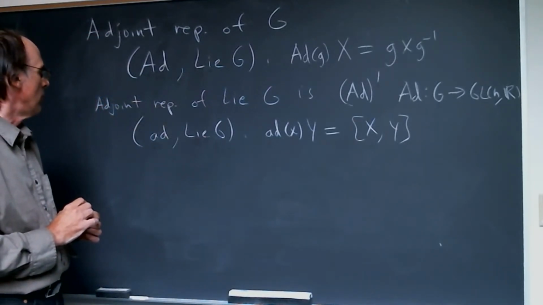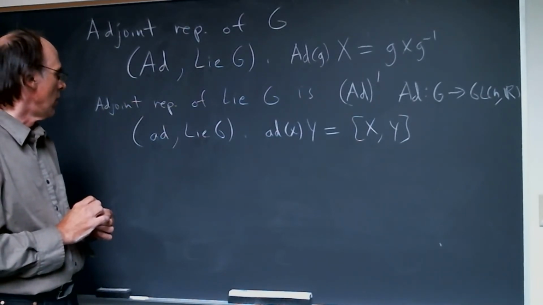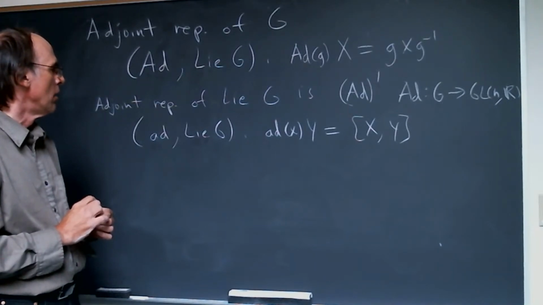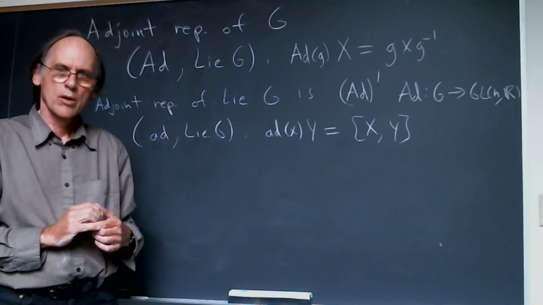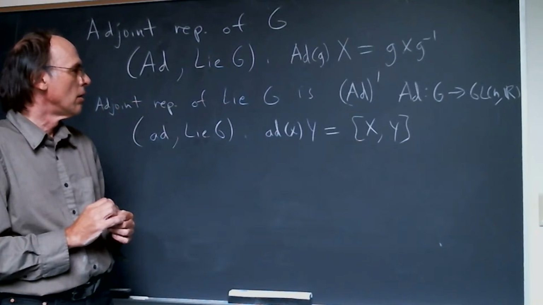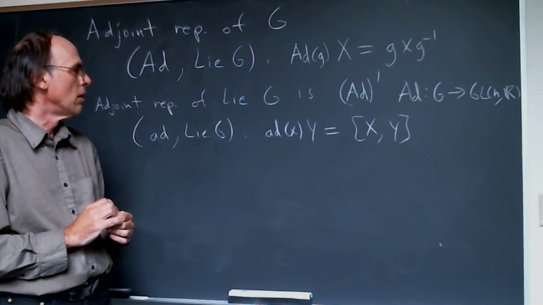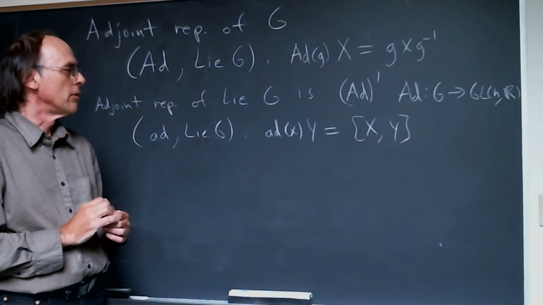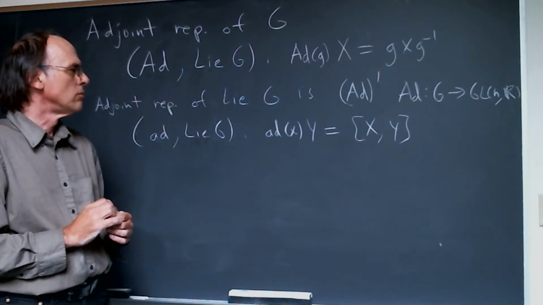Normally you have the representation of some matrix group, or just some group, and you have a map pi which brings elements of that group to some matrix group, GLN of C, and then that acts on some vector space. But in this case, all those three pieces are the same. They're all Lie G, right?